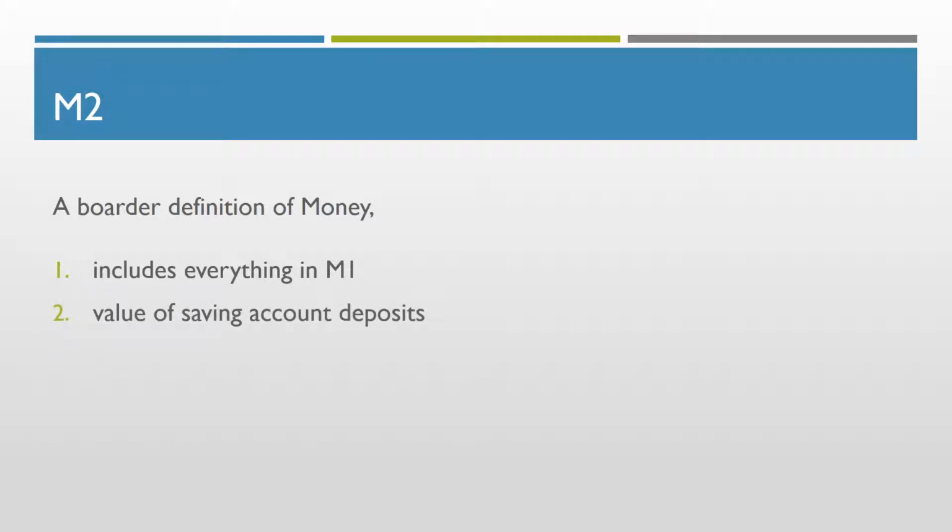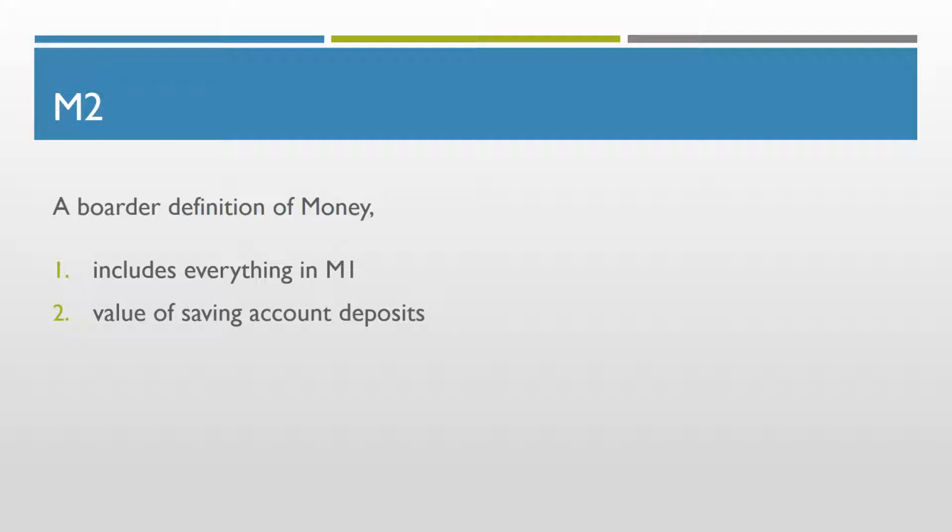One big part of this M2 is the value of the savings account deposits. The value of savings account deposits is not readily usable money because every time you try to use your money in your savings account, you have to either, number one, withdraw your money from the bank so that you can use the currency to buy goods and services that you want.